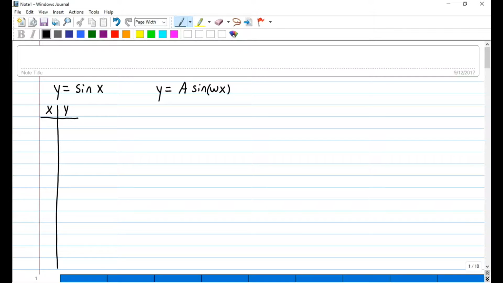So that means that its period is 2 pi. So to get the best picture, you would want to plug in every value, including 0 and 2 pi, but every value in between those that are common values.